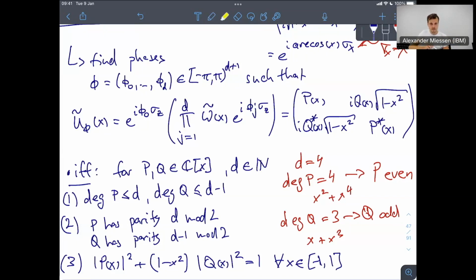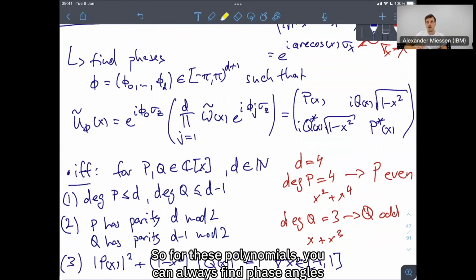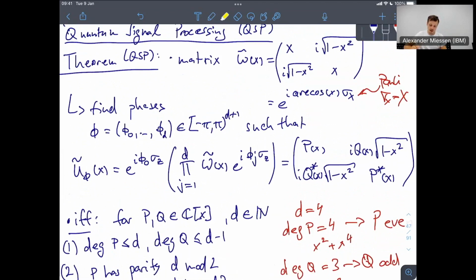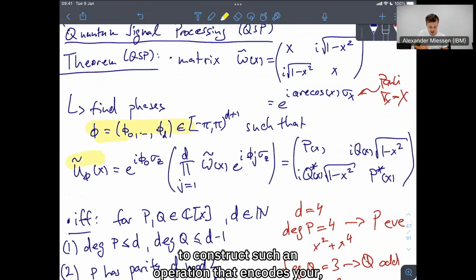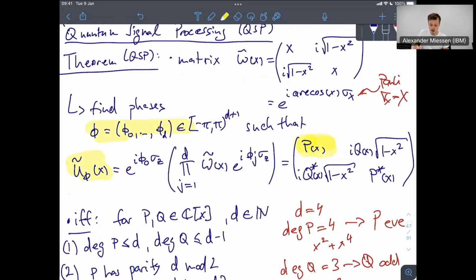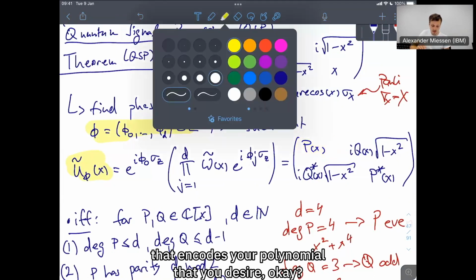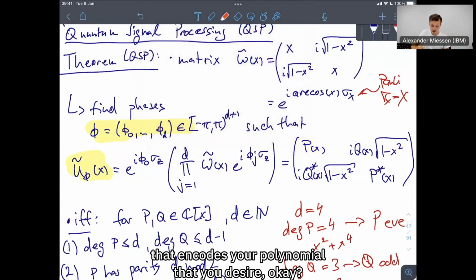Alright, but so for these polynomials, you can always find phase angles to construct such an operation that encodes your, or let me use a different color here, that encodes your polynomial that you desire, okay?